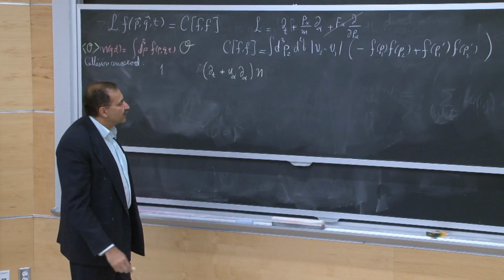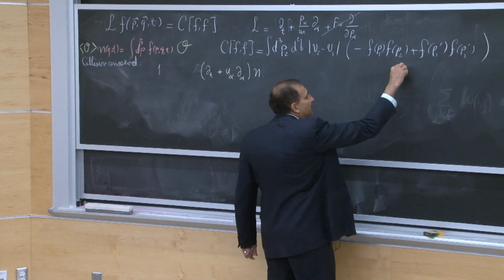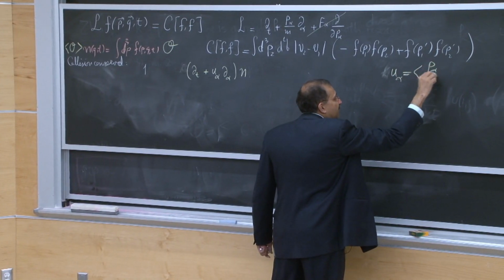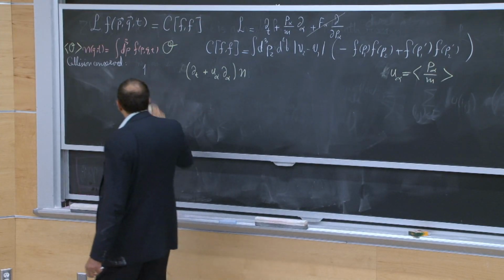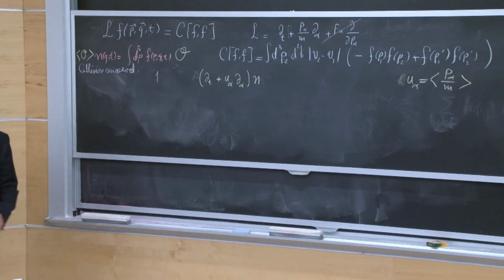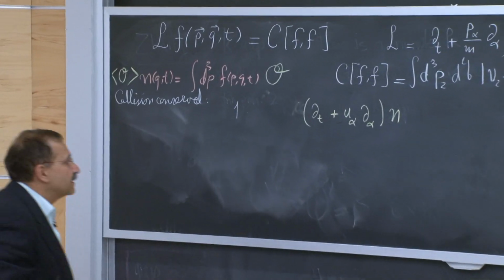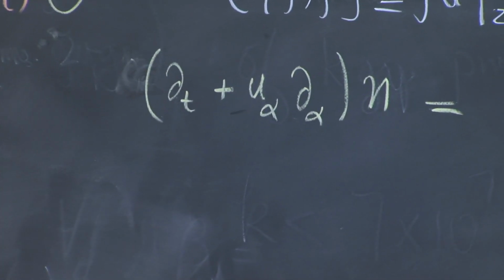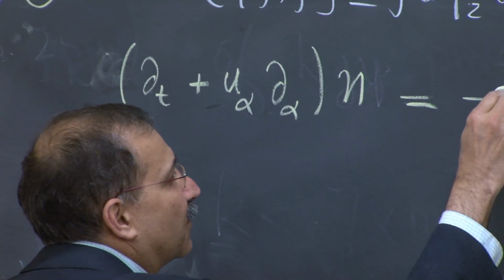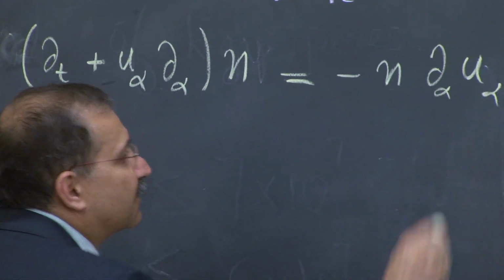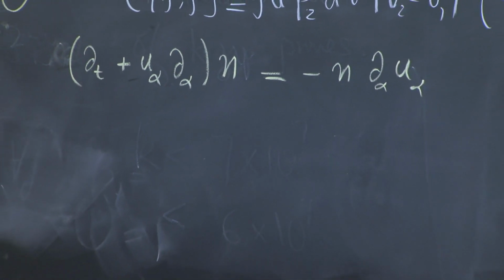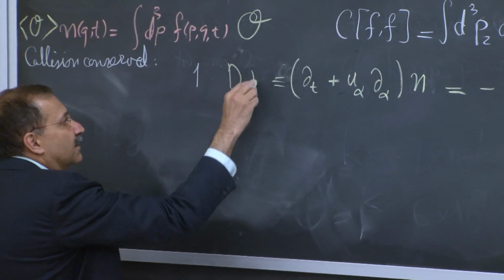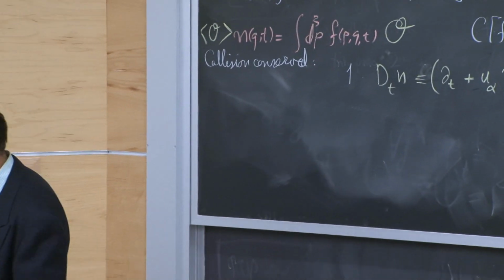And here I define the quantity U alpha, which is simply the average of P alpha over M, defined in the way that averages are defined over here. And that this is the number of particles, how it changes if I move along the streamline. And variations of this, if you are incompressible, comes from the divergence of your flow velocity. And actually, this operator we call the total or streamline derivative.